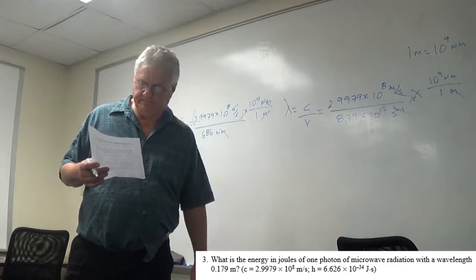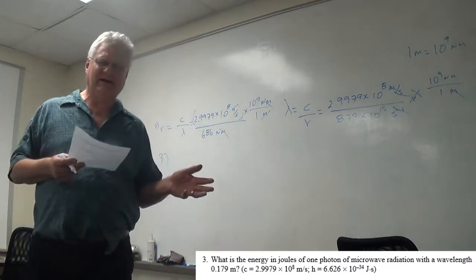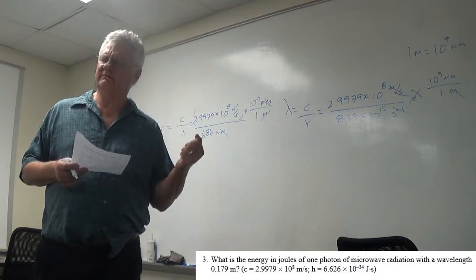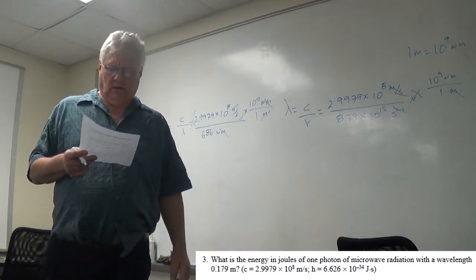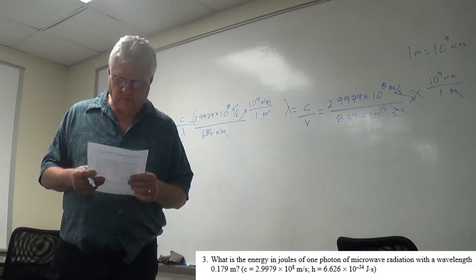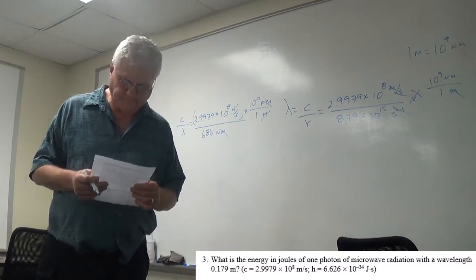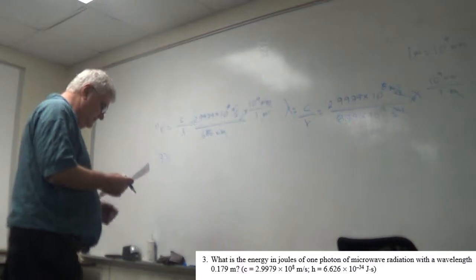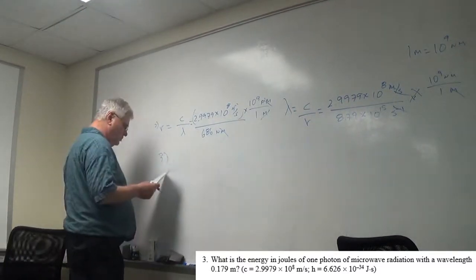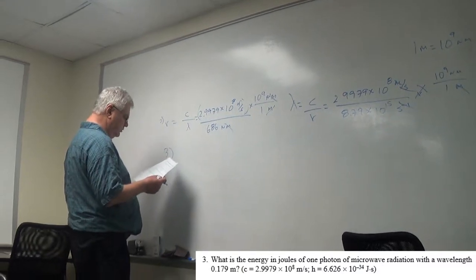Well, in this problem, no matter what kind of electromagnetic radiation it is, the smallest particle is called a photon, and it can be thought of as a packet of energy, if you will, in the way that it interacts with matter.